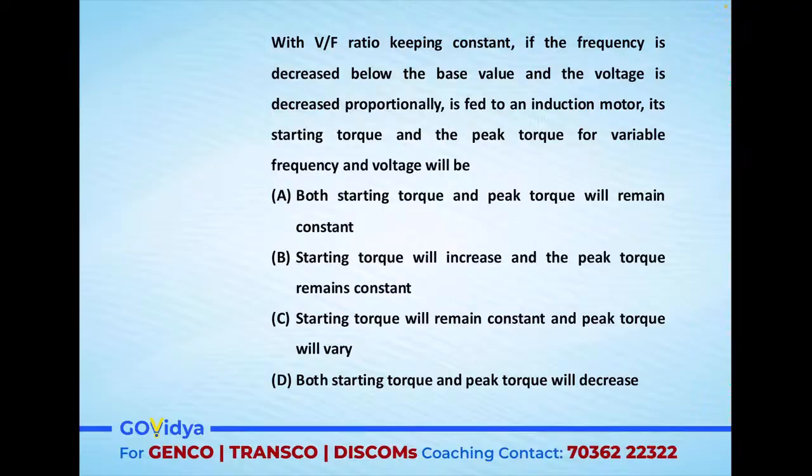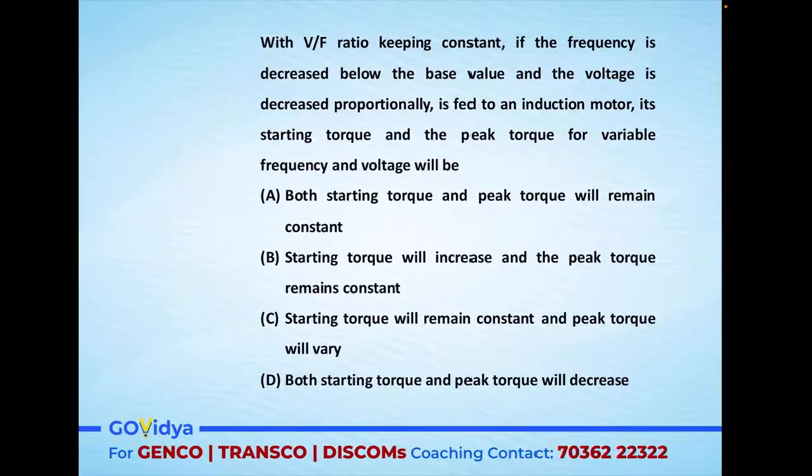The question is given as: with V by F ratio kept constant, if the frequency is decreased below the base value and the voltage is decreased proportionally, and fed to an induction motor, its starting torque and the peak torque for a variable frequency and voltage will be. By reading the question we come to the conclusion that it is V by F control, where both voltage and frequency are varying.